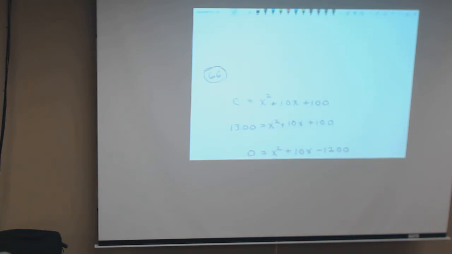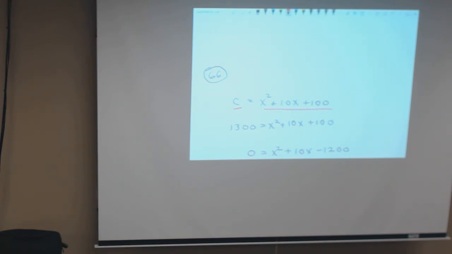Number 66. Stop when you get to 69. The cost of serving x customers, this is the cost, is x squared plus 10x plus 100.